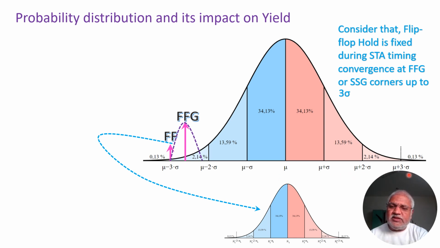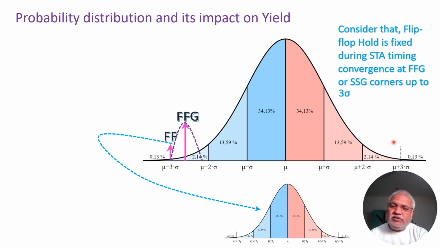Here we are considering the delay of a cell. In the fast corner the delay will be smaller, in the slow global corner the delay will be more, and this is the mean value. When we fix hold, we will observe that most of the hold fixes are needed in the fast global corner.